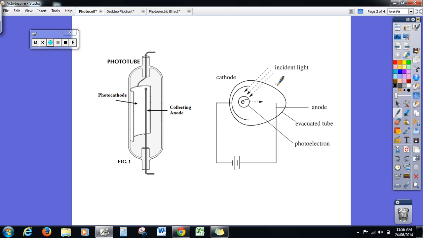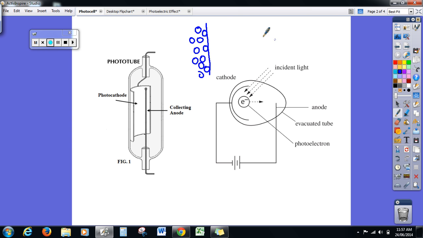Once again, we'll quickly recap what the photoelectric effect is. If that's the surface, inside the surface we have electrons. So let's put some electrons here, a sea of electrons in the surface, or these electrons can be bound to the lattice.